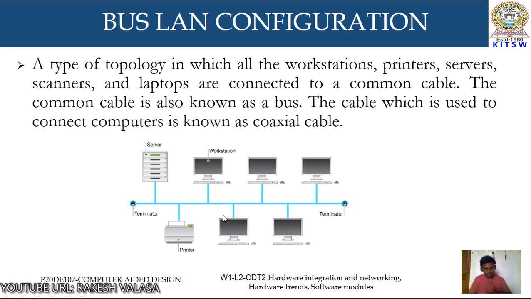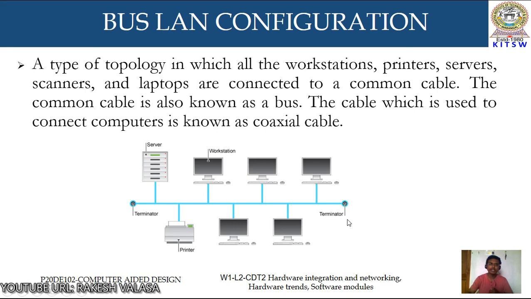But if the MAC address of the destination computer is different, then the data is forwarded to another computer. When no MAC address matches, the data reaches the end of the bus cable and bounces back. To solve bouncing of data, terminators are used at both ends of the cable.